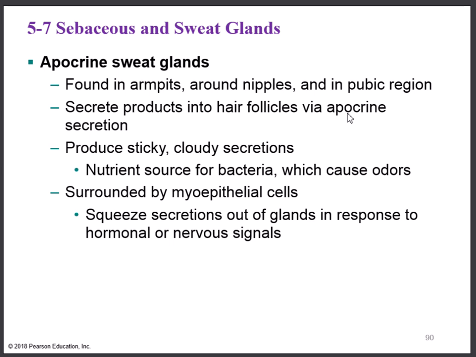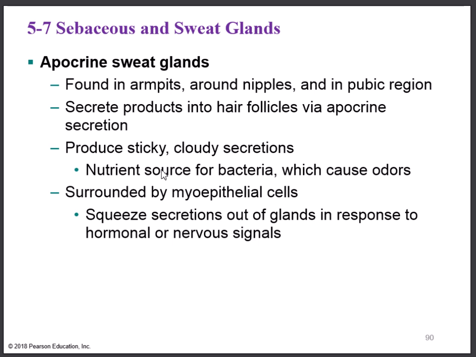Again, this is covered in the tissues chapter, but I'll review it quickly. In an apocrine gland, the cells at the surface of the gland, the top part of the gland, pinch off and become part of the product. So this is not a watery secretion, it's actually more of a cloudy, thicker type of secretion.